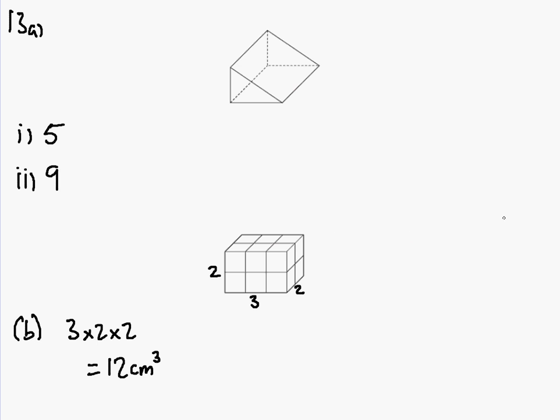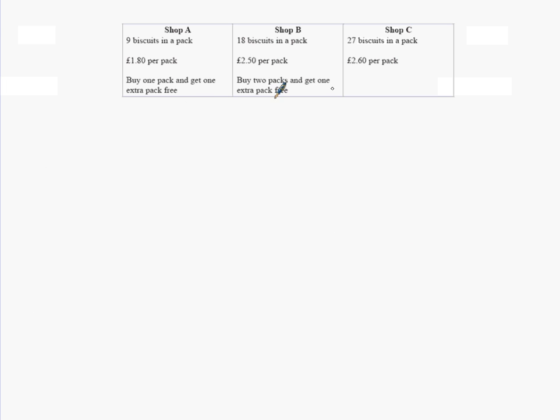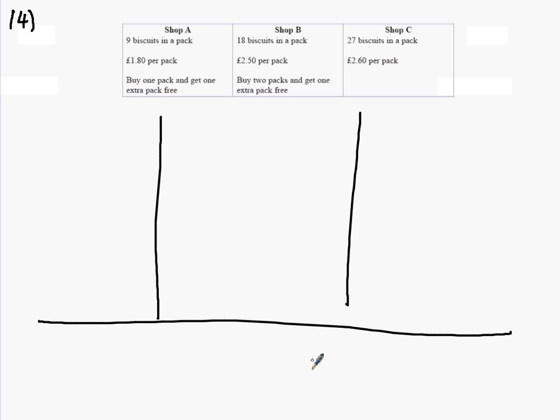Question 14 is what we call a star question. So personally at this point, I would split the page into 3 bits. And then we can have what I draw as a summary at the bottom, that's what it's looking for. So buying 270 chocolate biscuits, she finds chocolate biscuits at 3 different shops. In which shop are they cheaper? You must show your working. So we've got 9 biscuits in a pack, and they cost that much per pack.